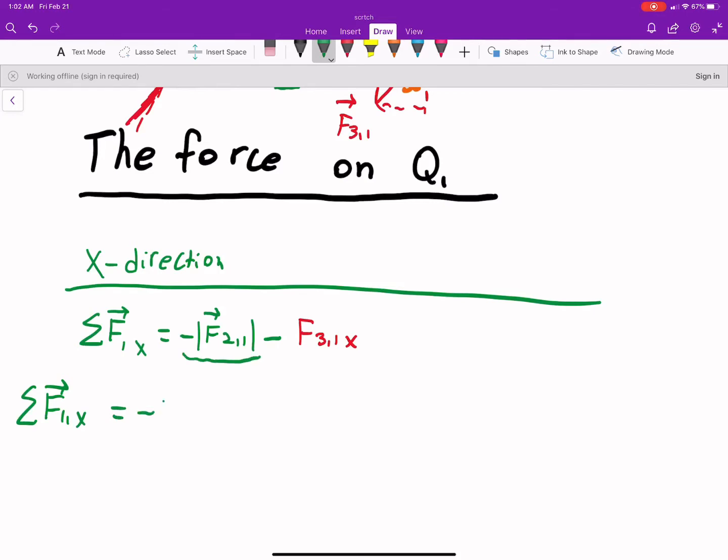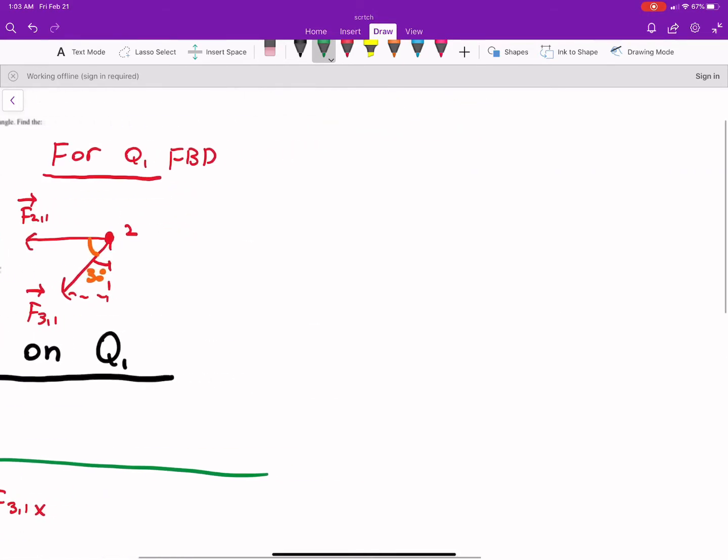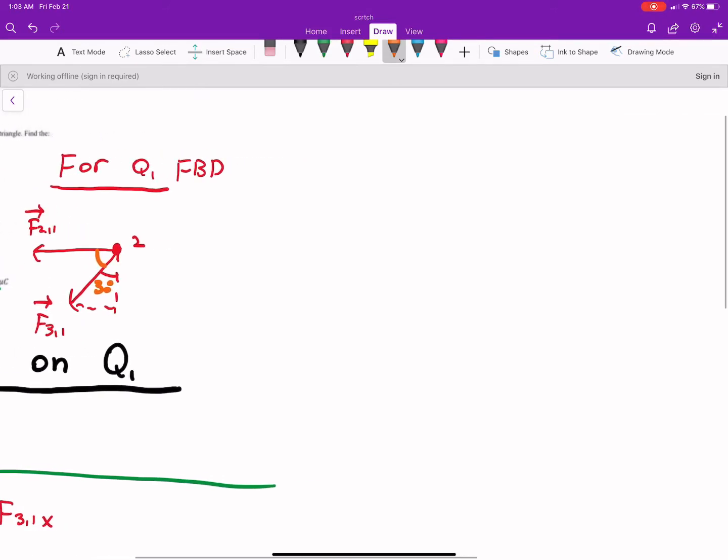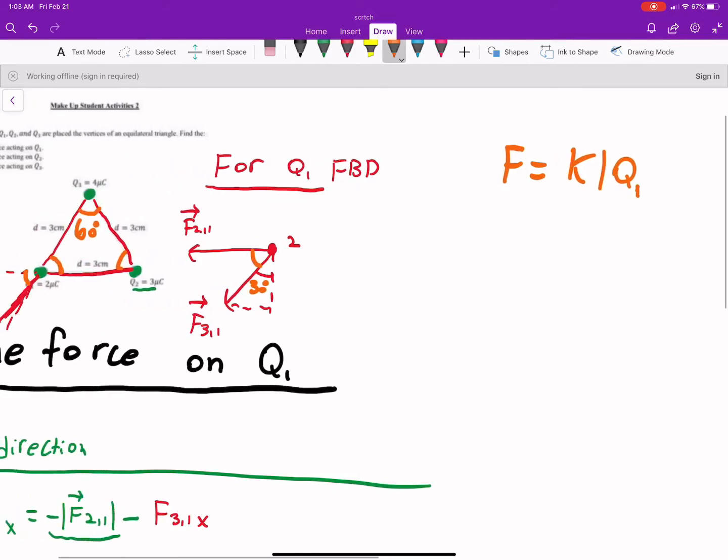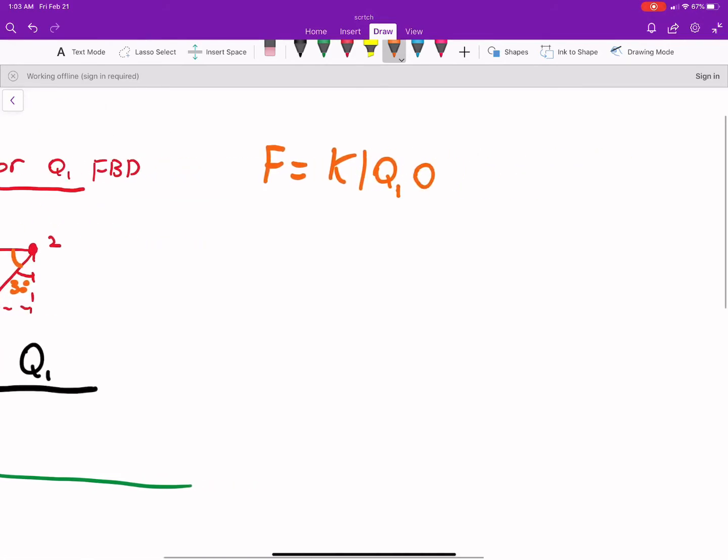This we can just do as minus K Q1 times Q2 over the distance squared. So this is Coulomb's law. If you're not familiar with this, for these charged particles, the force is equal to K constant times the charge that's actually being felt times the charge exerting the force divided by the distance between them.